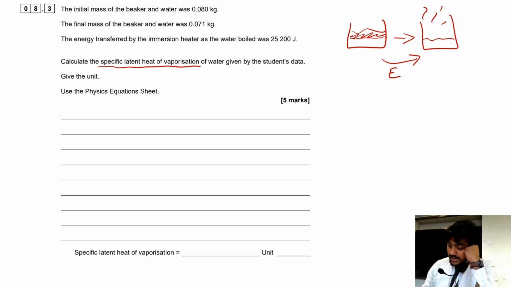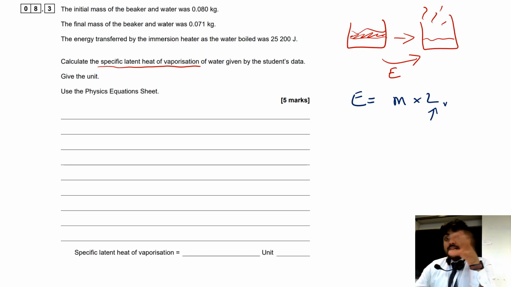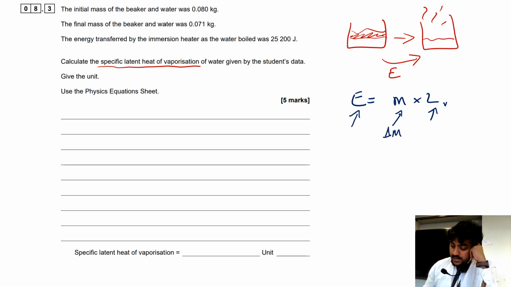The equation that I need to use is E equals m times L, where L is the specific latent heat of vaporization and m is the mass, but in this case how much mass you change. So I'm going to say change in mass, and energy is the energy that you put in. Therefore, E is equal to 25200 joules.